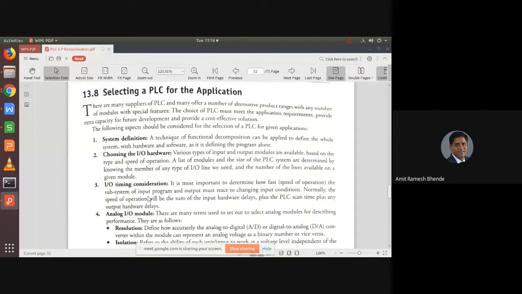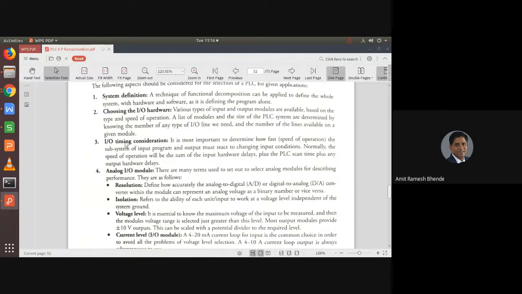Then only your application would be feasible. So depending upon the number of input lines you require, and depending upon the number of output lines you require, accordingly you need to select the hardware.